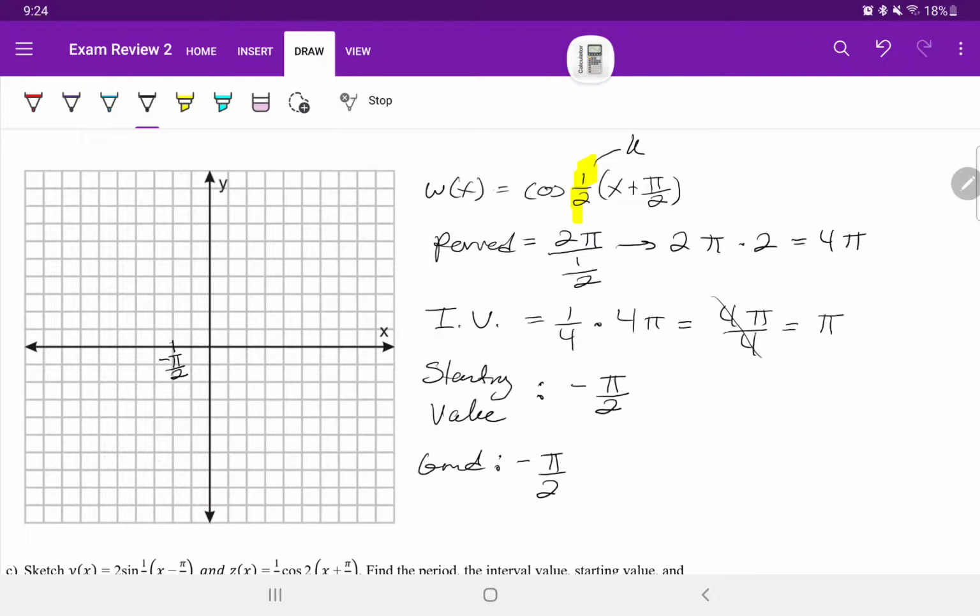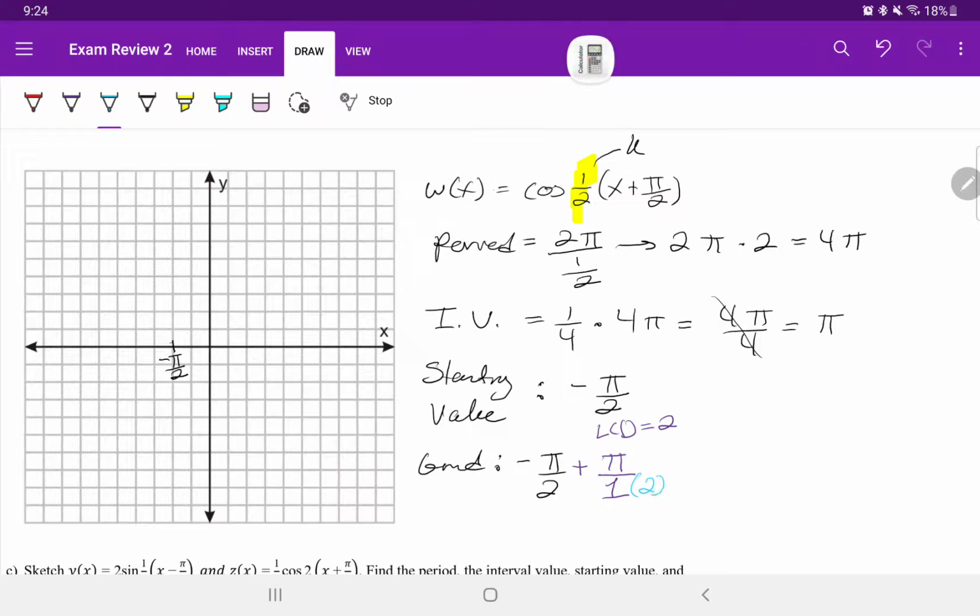Now let's apply the periods. We're going to add pi. Whenever you are adding with fractions, they must have the same denominator. So we're going to make that pi as pi over 1 and find the LCD, which in this case is going to be 2. The first fraction is fine. The second fraction needs a 2 down there.